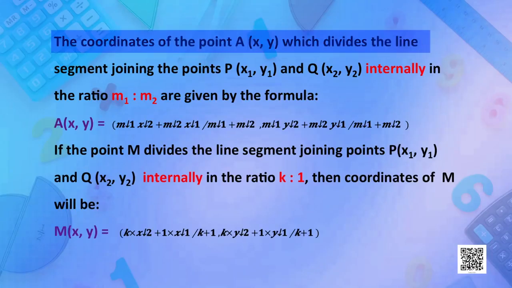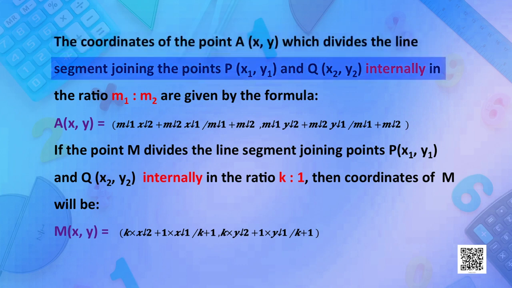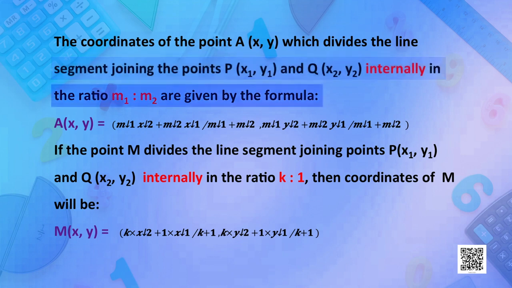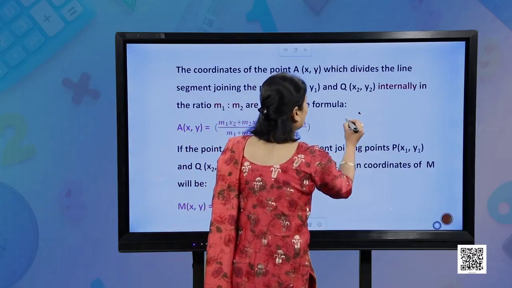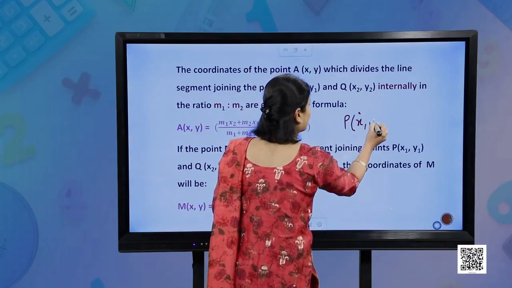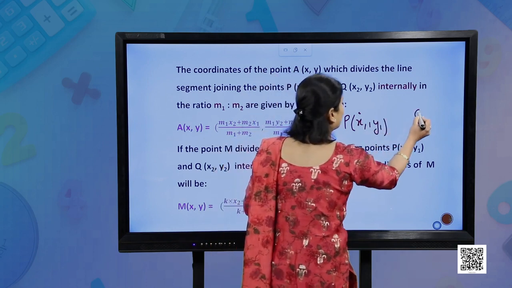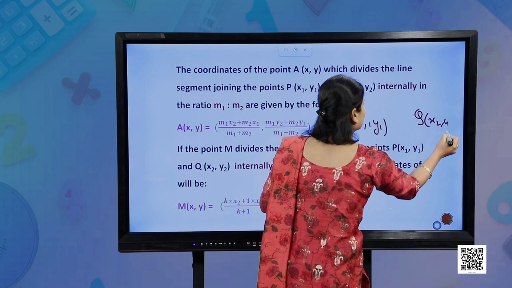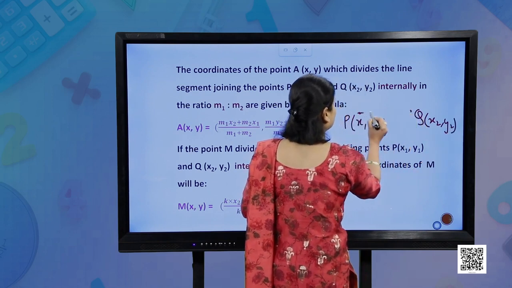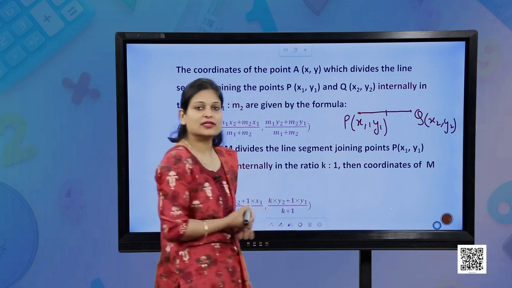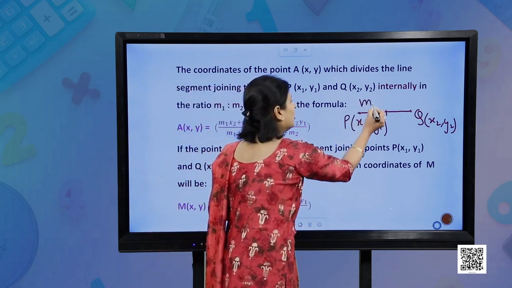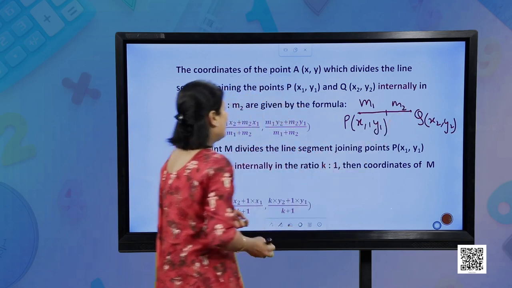Now, the coordinates of the point A(x, y), which divides the line segment joining the points P(x1, y1) and Q(x2, y2) internally in the ratio m1:m2. It means I have 2 points P(x1, y1) and Q(x2, y2), and there is a point which divides this line segment in the ratio m1:m2.